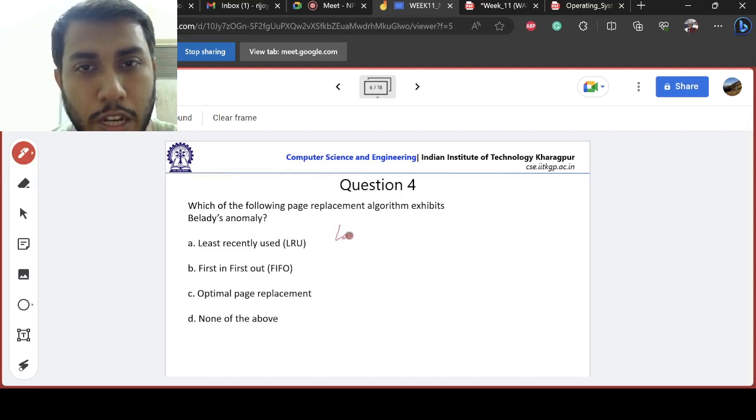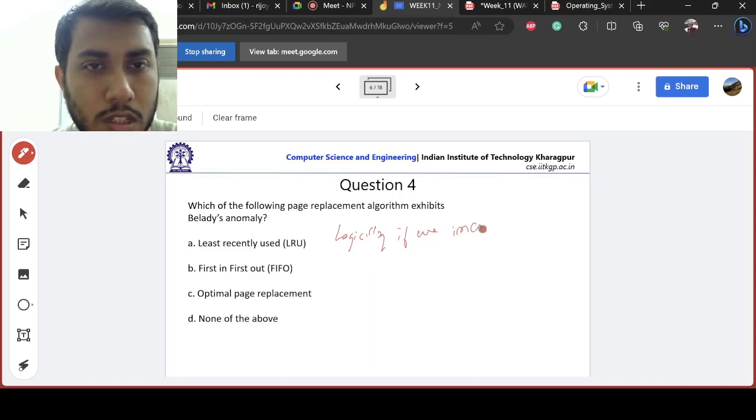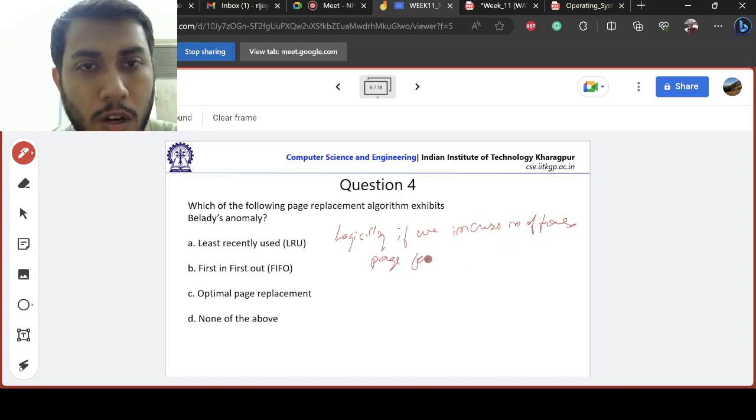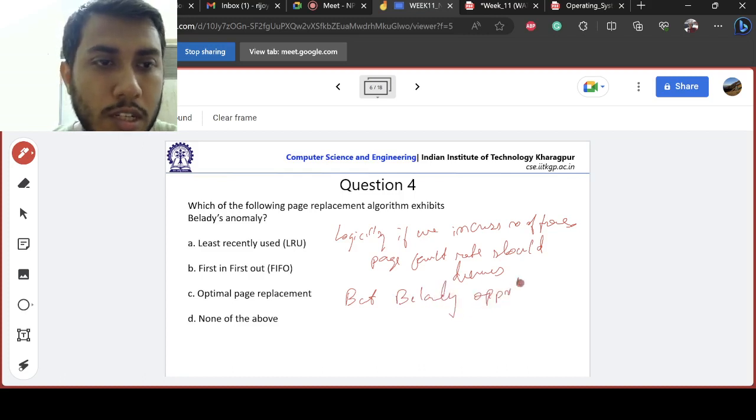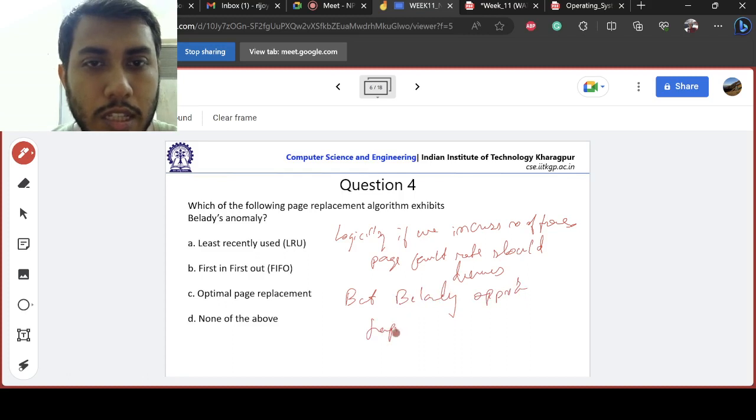Logically, if we increase the number of frames, the page fault rate should decrease, but in Belady's anomaly the opposite happens.